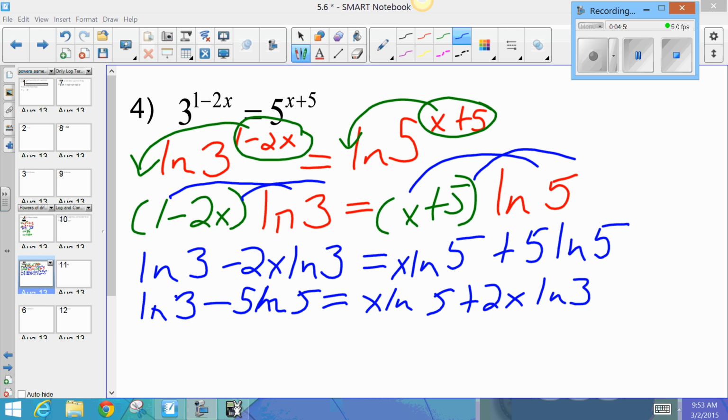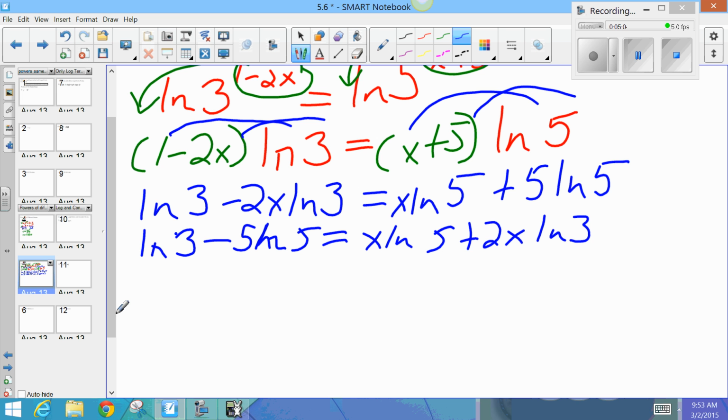Now my x terms are both on the right-hand side of the equal sign. But both of those two terms have an x in them. So in order to isolate x, I'm going to divide an x out. I'm going to GCF x.